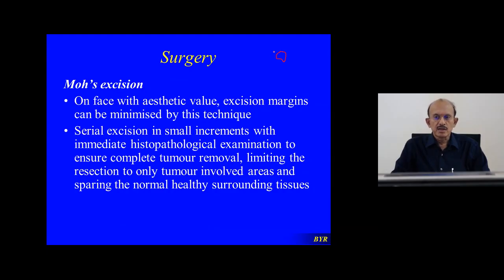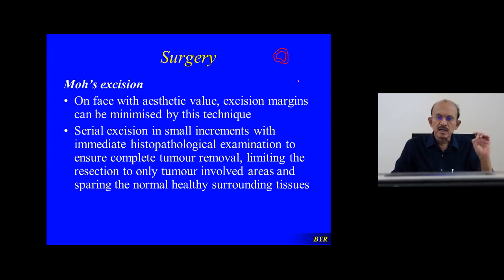Now what you do is take a 0.5 centimeter margin or even less than that. Just with the help of a microscope, you remove the lesion along with as little of the surrounding normal skin as possible. That much only you remove.